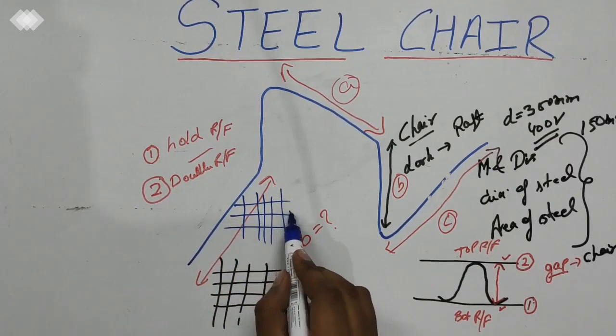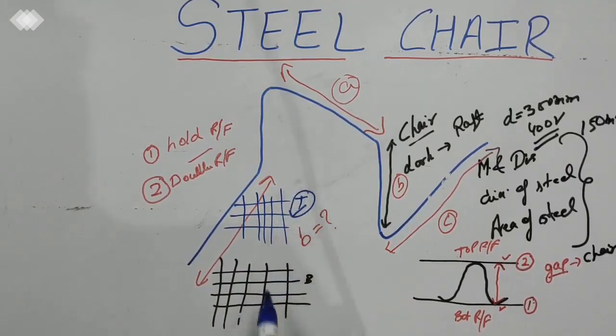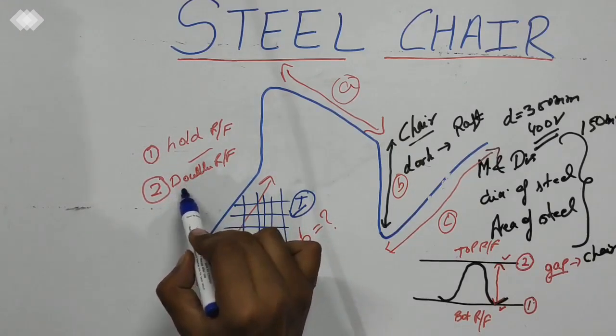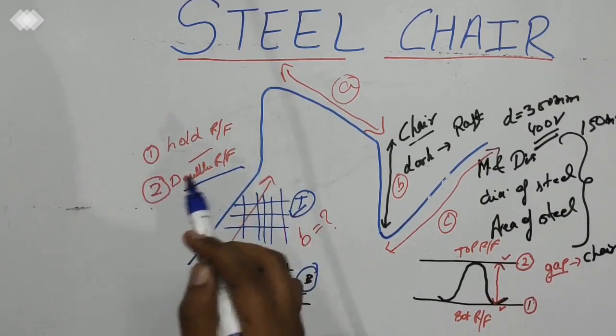So these top and bottom reinforcements must be at accurate position and must hold the concrete mixture properly. We provide steel chair. So where there is double reinforcement, we will provide steel chair there.